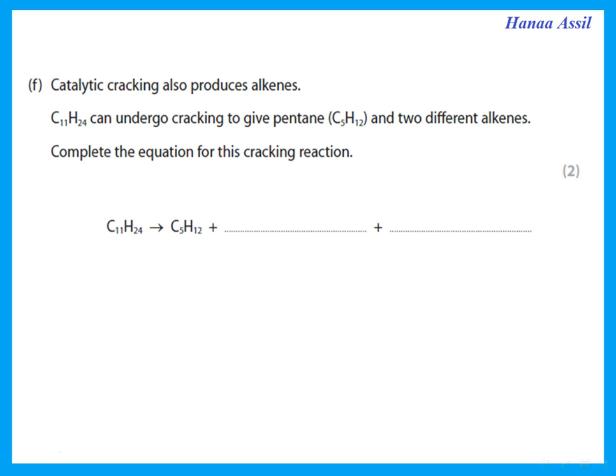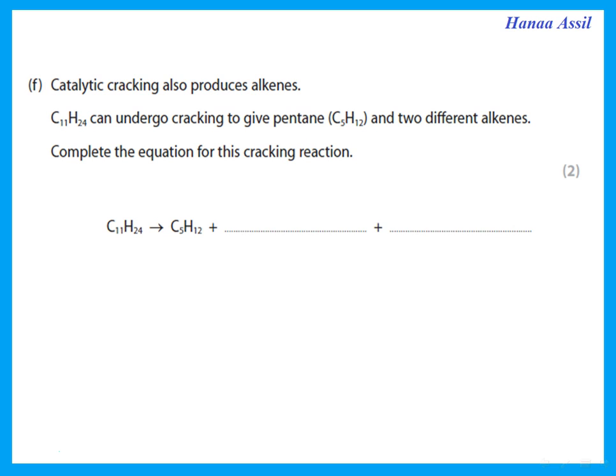Catalytic cracking also produces alkenes, so he's saying I'm starting with C11H24. It can undergo cracking to give pentane, which is C5H12, and two different alkenes. So I want to put two different alkenes. Of course, we said the total number of carbons on either side of the arrow should be equal, and the total number of hydrogens on either side of the arrow should be equal.